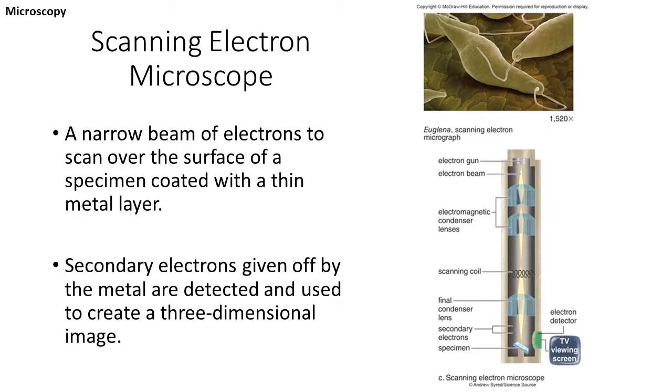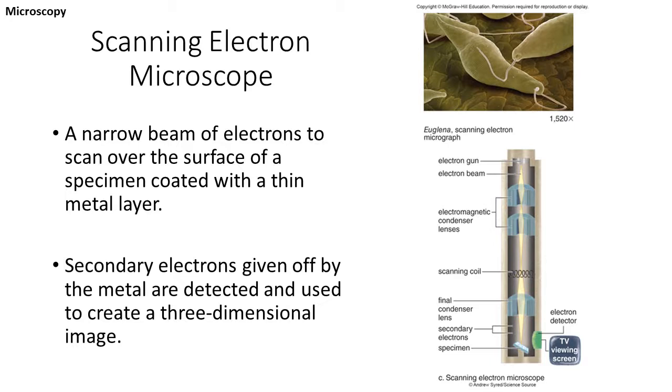The scanning electron microscope uses a similar set of electromagnetic lenses to focus an electron beam. But one other thing that's added in this case is that the specimen is coated with a thin layer of metal.